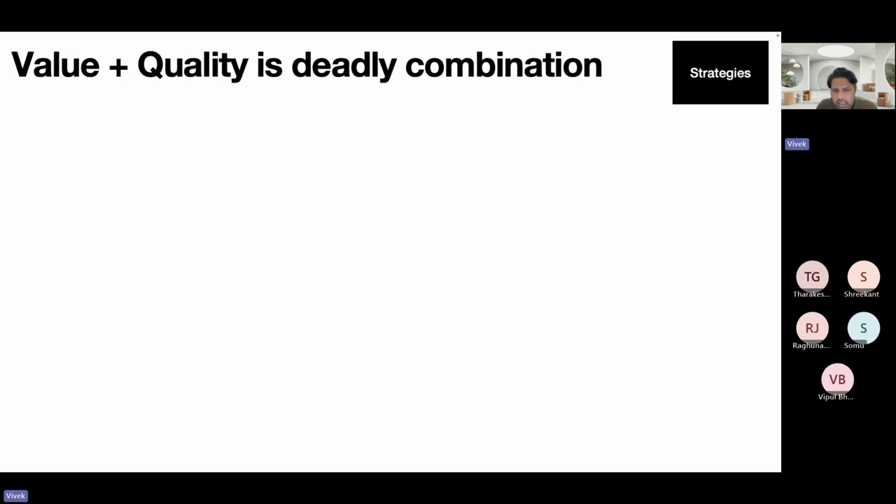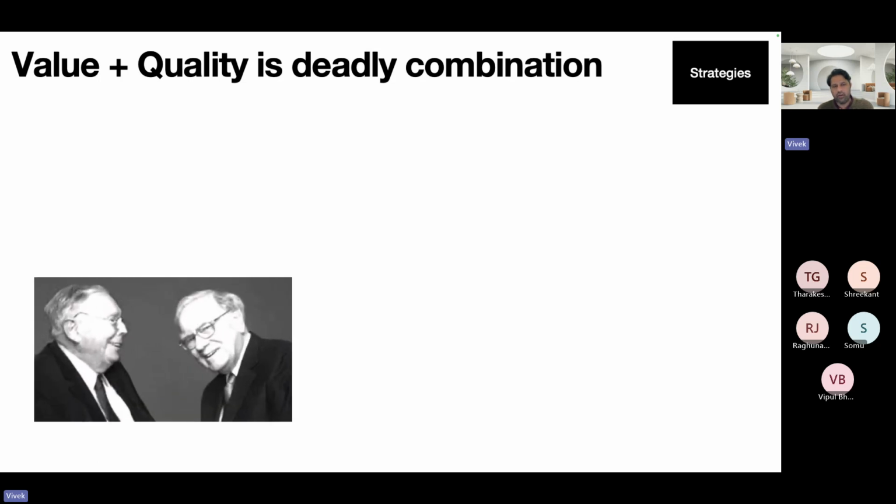So any fundamental philosophy which works on value and quality, what I found in investing is that it is actually a deadly combination. And we don't have to look any further than the biggest proponents of this strategy, Warren Buffett and Charlie Munger, who have run this philosophy for their company for 50 years successfully in the US.